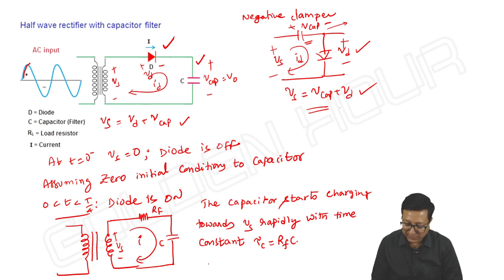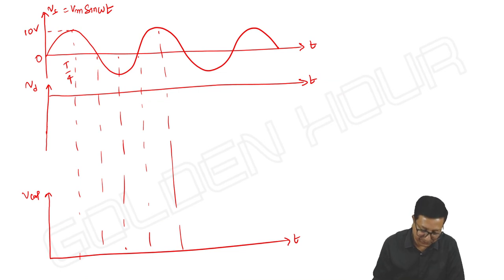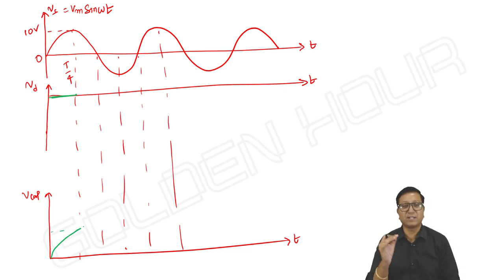And in this equation, I can write Vs is equal to Vd plus V capacitor. So Vd is almost negligible and V capacitor is approximately equal to Vs. We can take so. So that here, if you observe, Vd is almost 0 and the capacitor voltage is almost equal to our Vs. But always there is small delay.